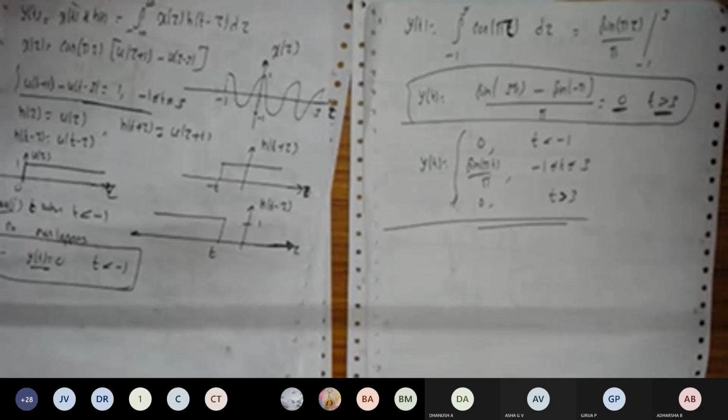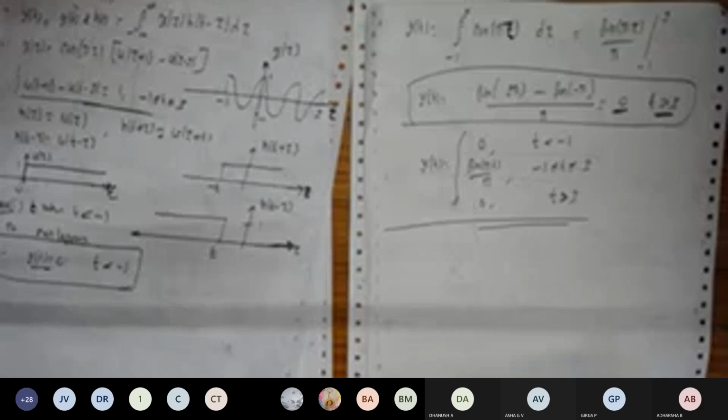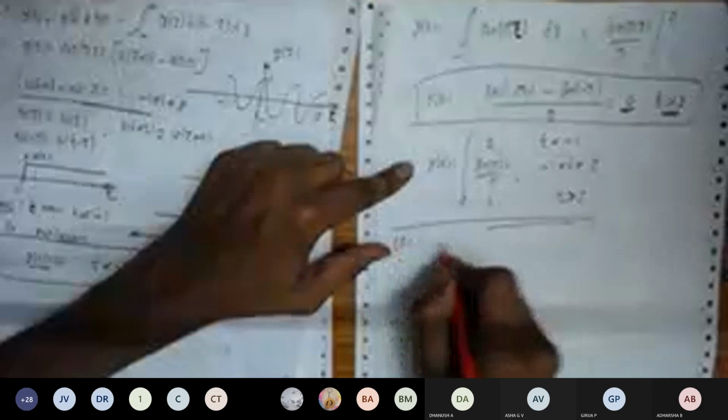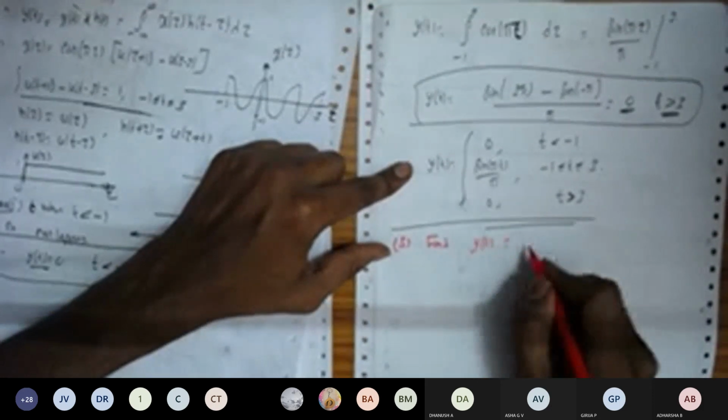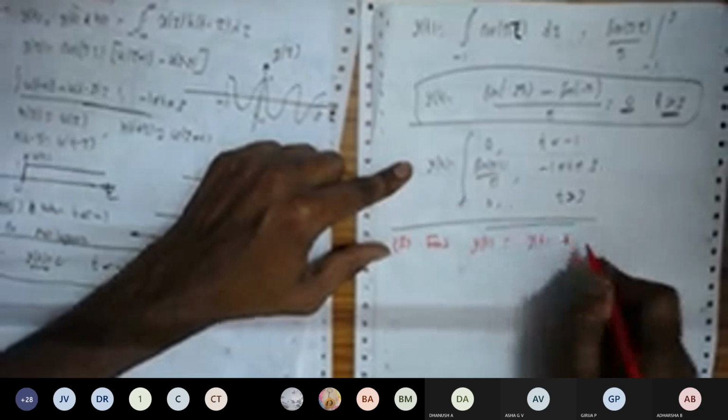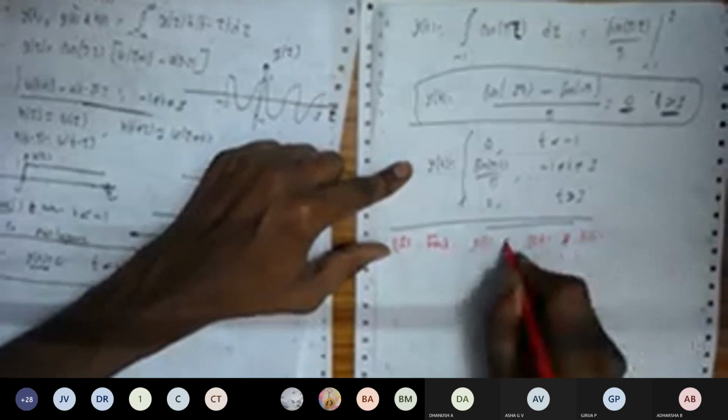Let's take a different kind of problem here. Find the convolution of the two. You can simply find y of t is equal to x of t convolution with h of t.